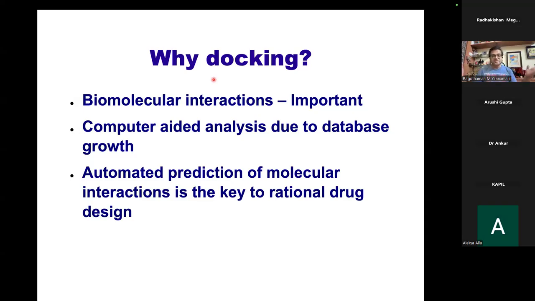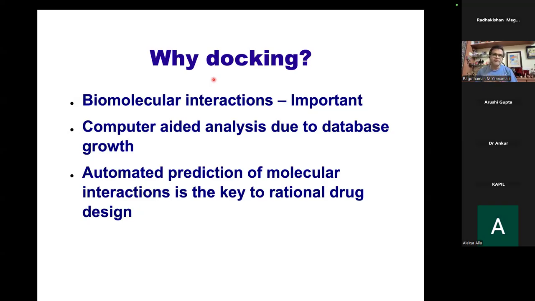If you draw a grid, with protein structure yes or no on one axis and ligand structure yes or no on the other, in rational or structure-based drug design you need to know both the protein structure and the small molecule or ligand structure. You cannot go ahead with only one structure.